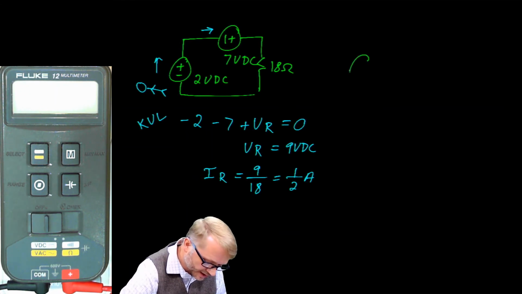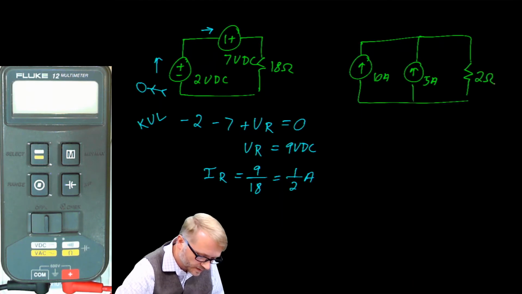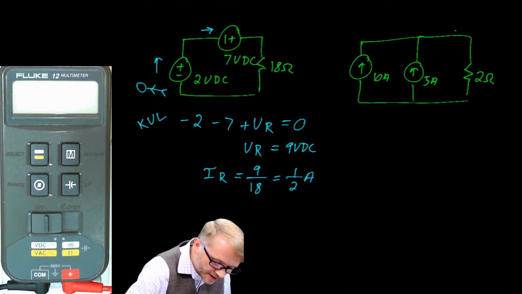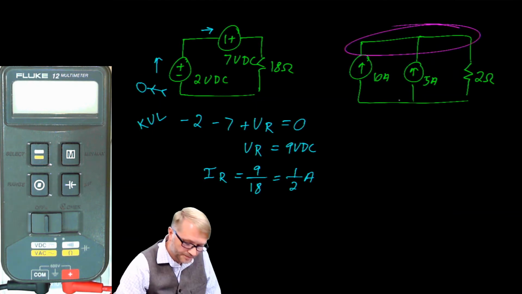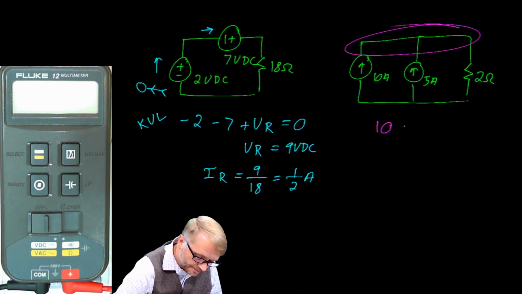Similar circuit on the other side of the house. So let this be 10 amps. Let this be 5 amps. And we'll go to a 2 ohm load. Using Kirchhoff's current law, we would say that the currents going in are 10 plus 5.